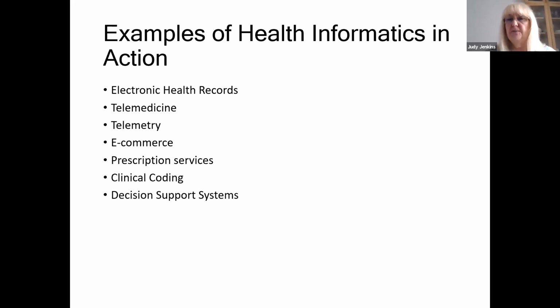The role of decision support systems, which are algorithm-based pieces of software, is to help a clinician make a decision either about a treatment protocol or a drug protocol for a patient. And most usually they're used in primary or secondary care or in a pharmaceutical setting, and they will appear as pop-ups.